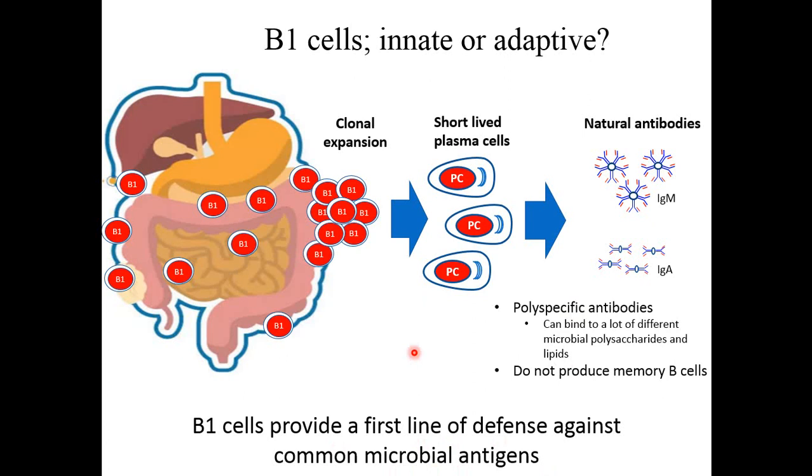Sometimes I compare B1 cells with MDs, with doctors, or with other medical professionals, nurses, who like to go to parts of the world which require medical assistance in an urgent fashion.